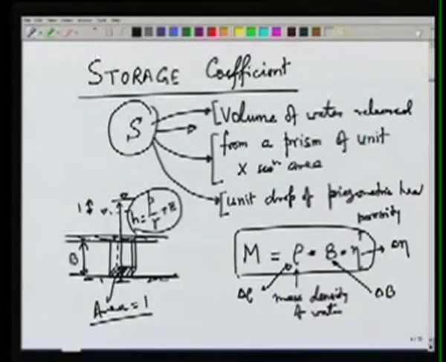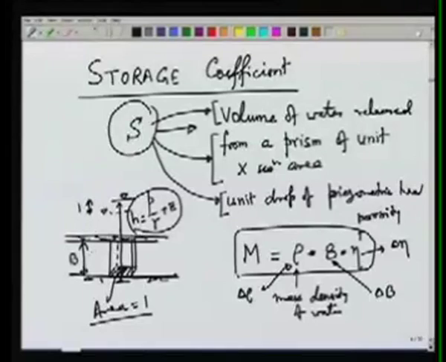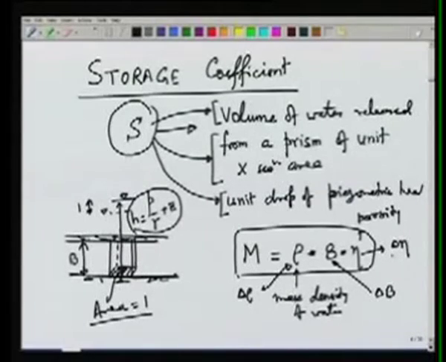So when we are lowering the piezometric head, the aquifer thickness B will also change, as we have seen that by lowering P we are increasing the effective pressure on the grains, and therefore the aquifer will be compressed. So B will reduce. The porosity similarly will also change.